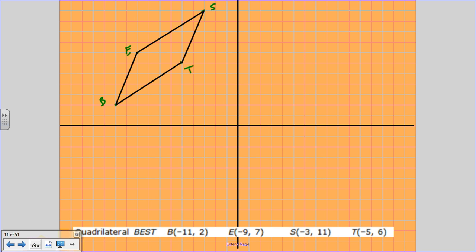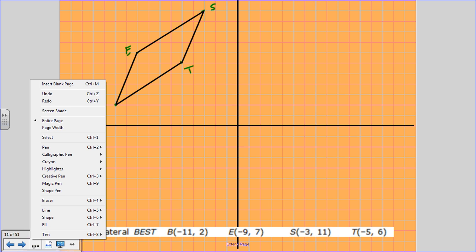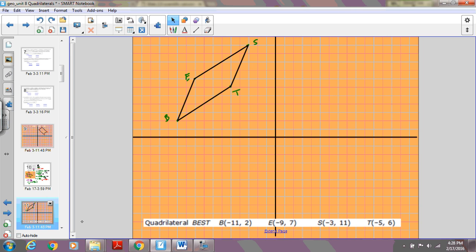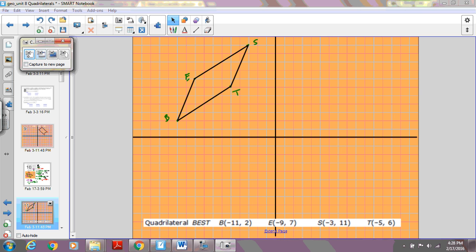And we already mentioned earlier that this was a parallelogram, just a general parallelogram. So I'm going to take a picture of it for the next page.